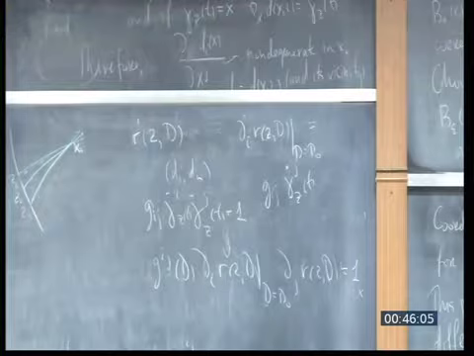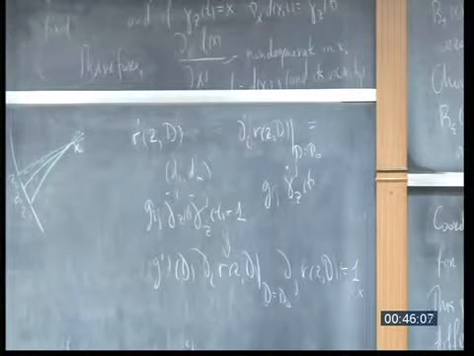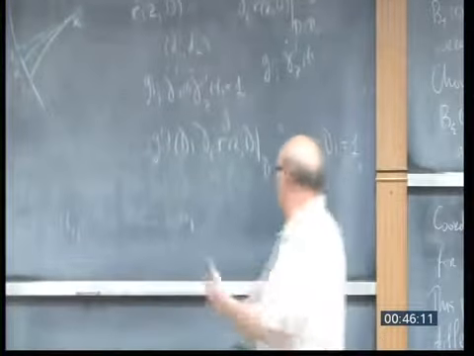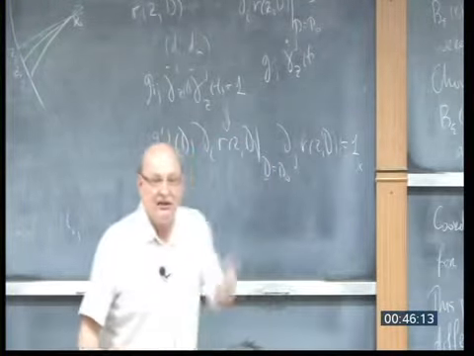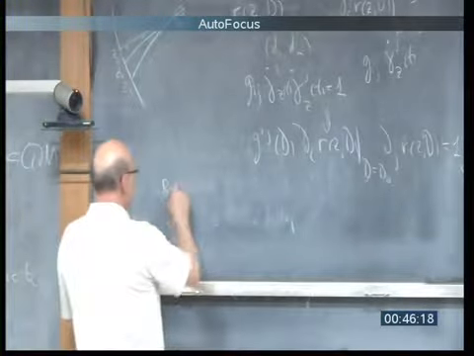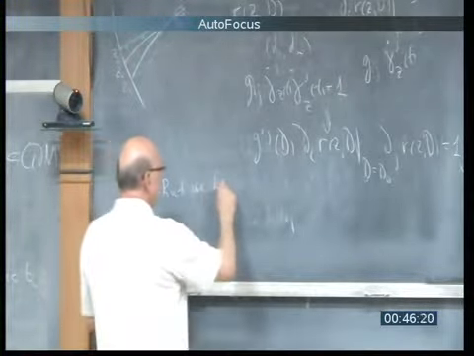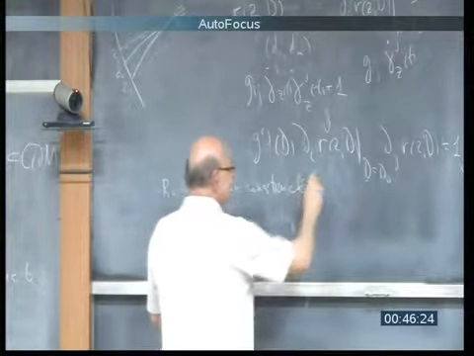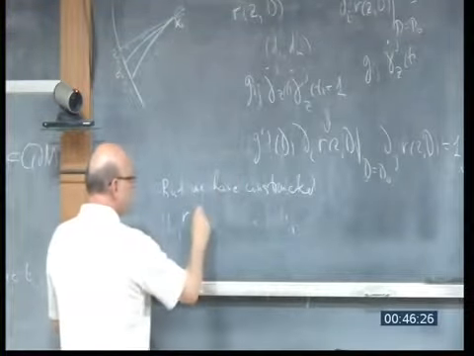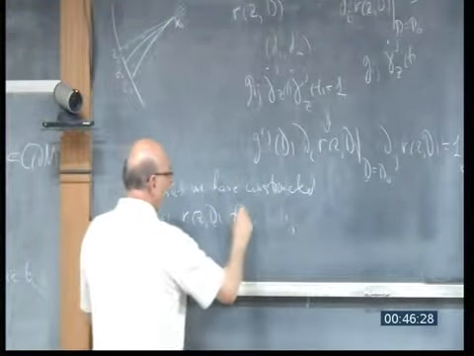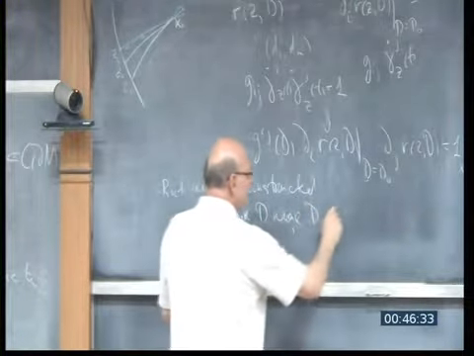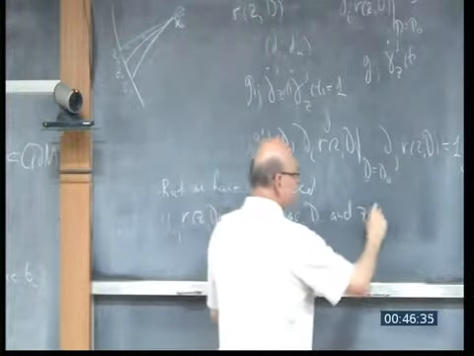So what we have now is this function r of z, d. Therefore, we have its differentials. We have constructed r(z, d) for d near d0 and z near z0.